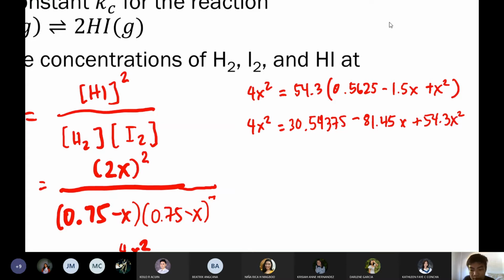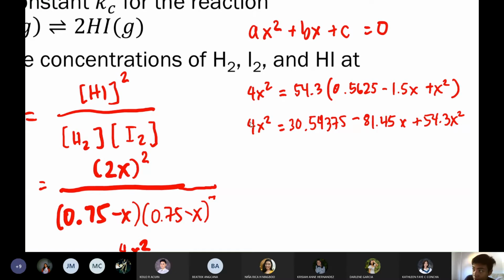What's next? You combine the similar terms. Okay. However, if you have a quadratic equation, that means the x is raised to 2, then you have to format your equation as ax squared plus bx plus c equals 0. So that means we will transpose 4x to the right side.